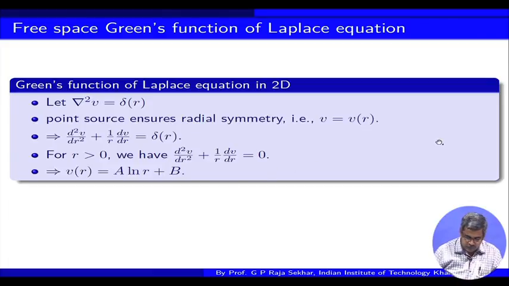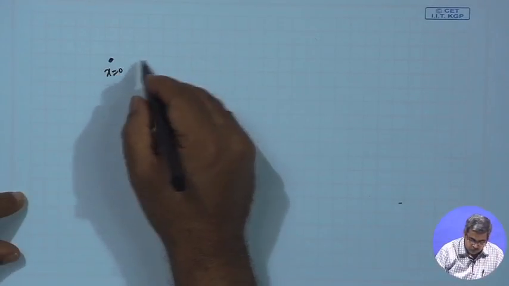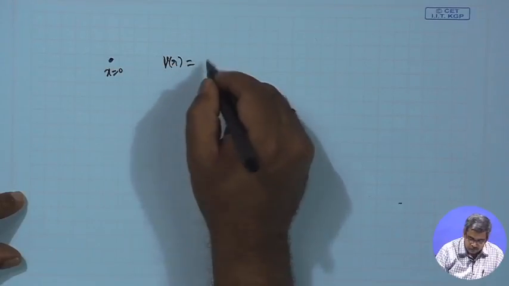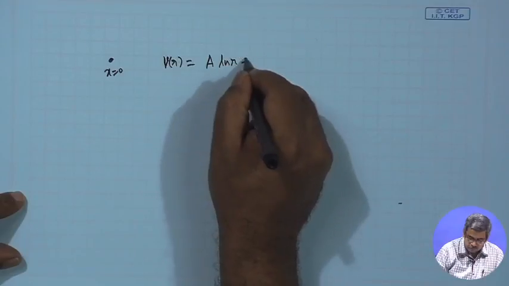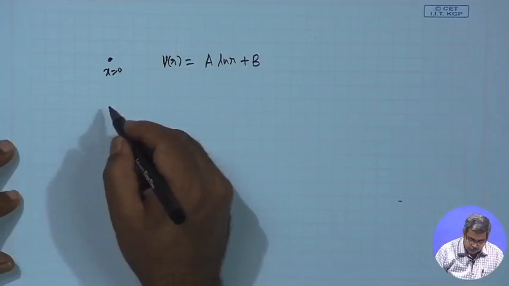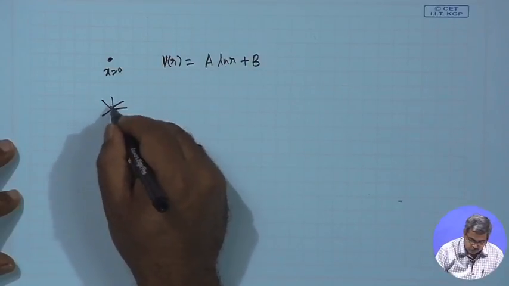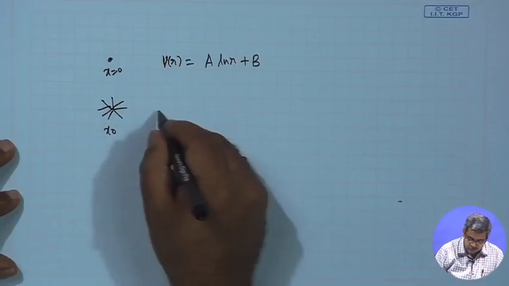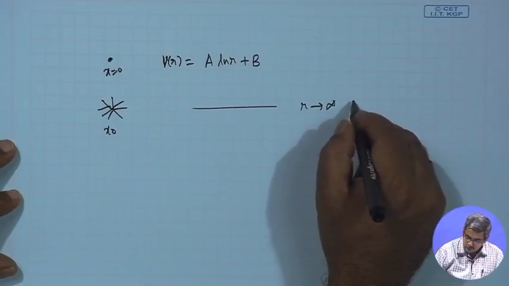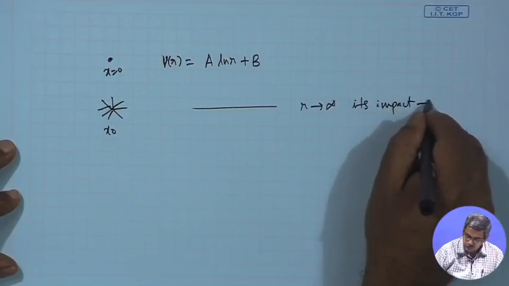So, what we are considering is you have a point source. So, this is x equals to 0, and if we consider the solution V of r, it behaves like, okay. So, typically in R3, if you consider some flow at a particular point, as r goes to infinity, naturally its impact goes to 0.